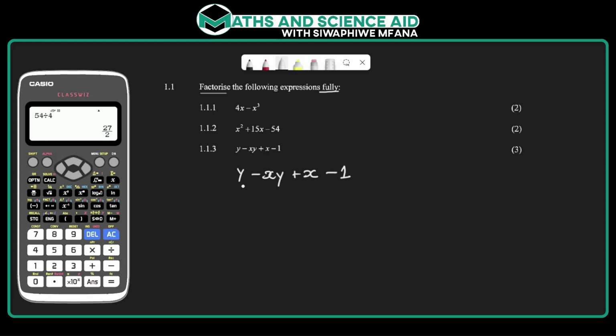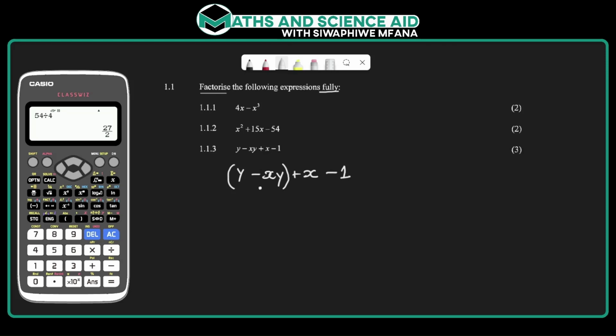If we examine all of the terms making up this expression, we notice that there is absolutely no factor that is common to all of them. However, you may notice that if we only isolate the first 2 terms here, they actually do have a common factor, and that common factor is y.